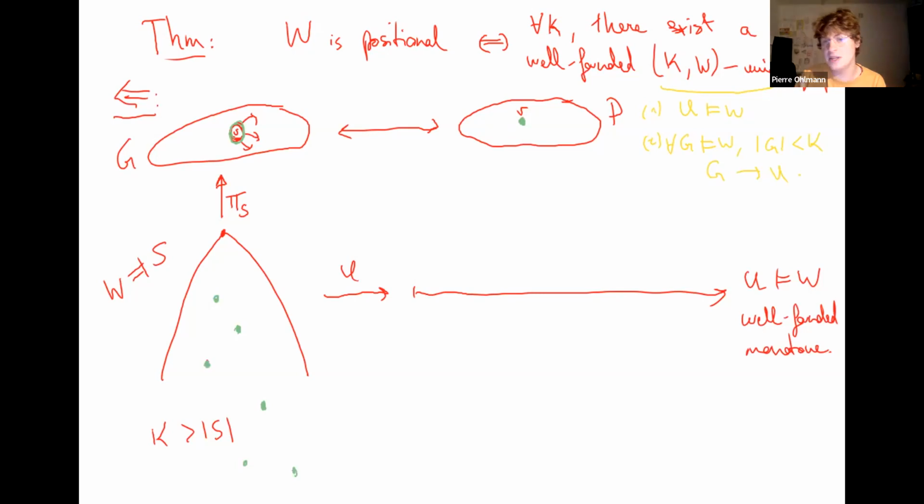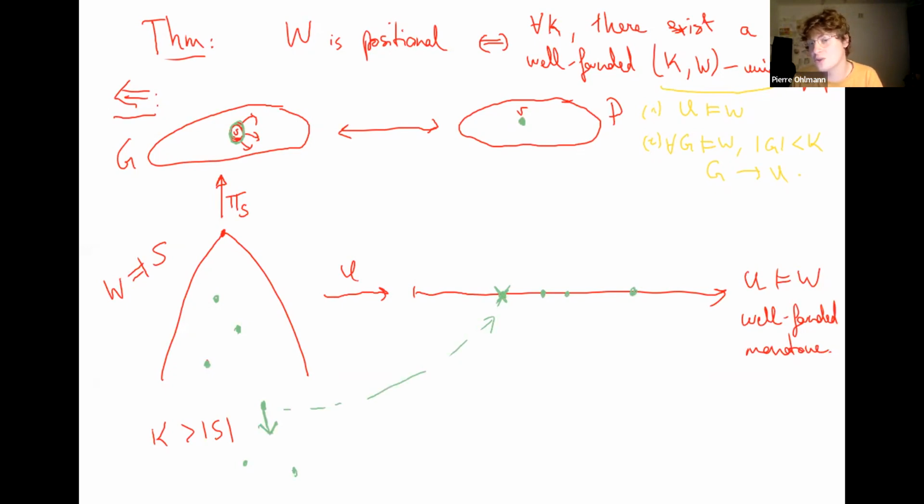I look at the image in my well-founded graph, and this has a minimal element, right? This thing corresponds to something, and then I follow this. Okay, and then you need to check that it works, but that's the proof.